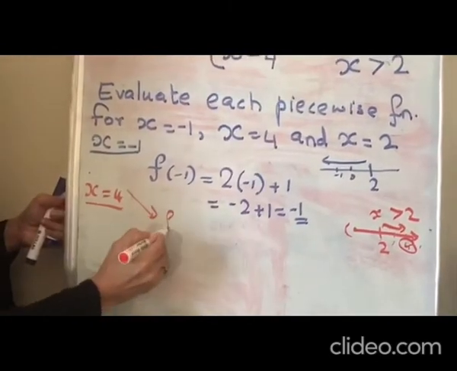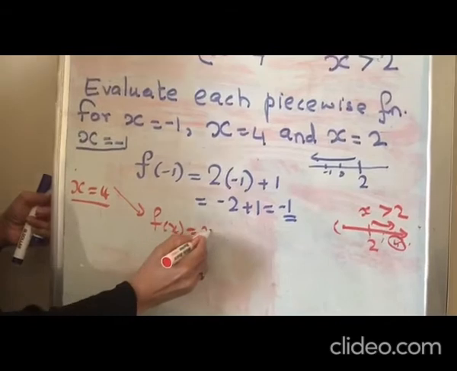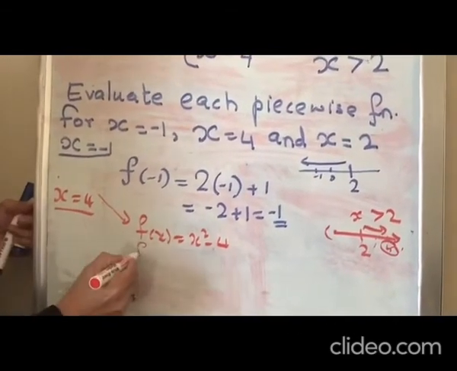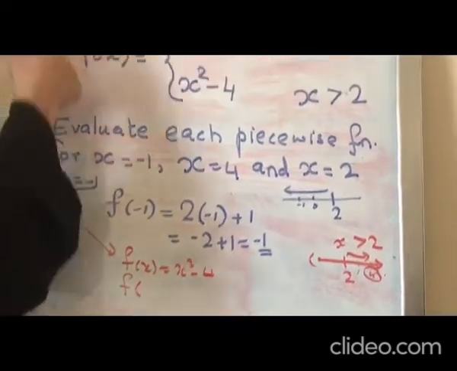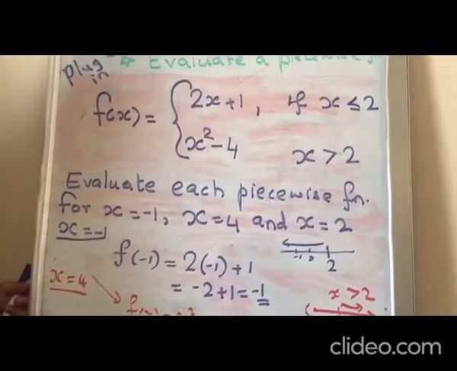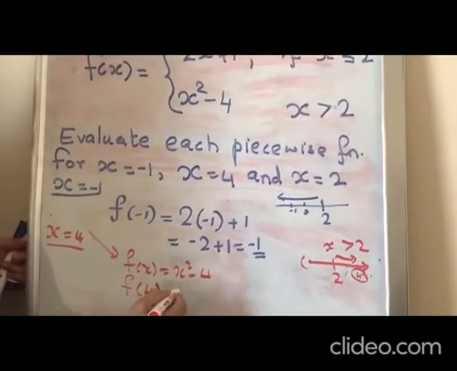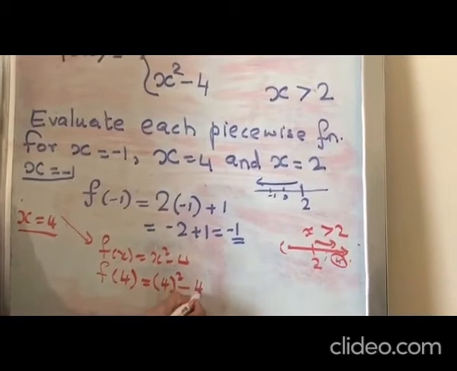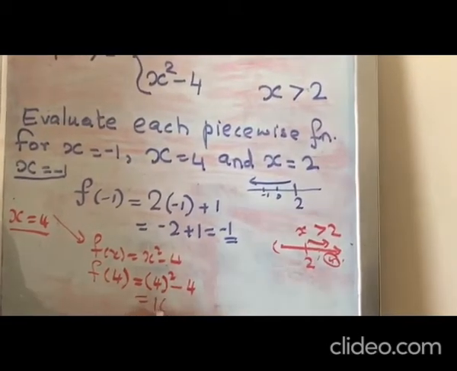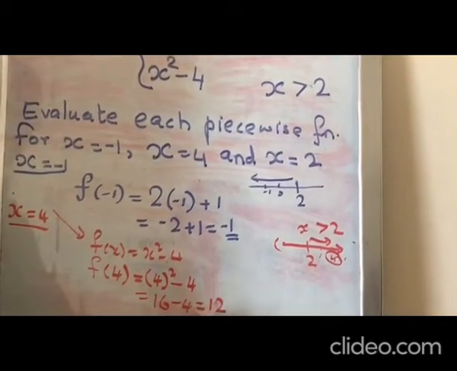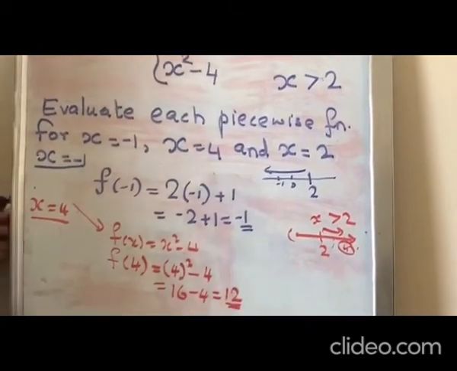So f of x is x square minus 4, and I need to evaluate at x equal to 4. Plug in x equals 4. f of 4, x square means 4 square minus 4. 4 square is 4 times 4 is 16. 16 minus 4 will give me a 12. So I'm done with that.